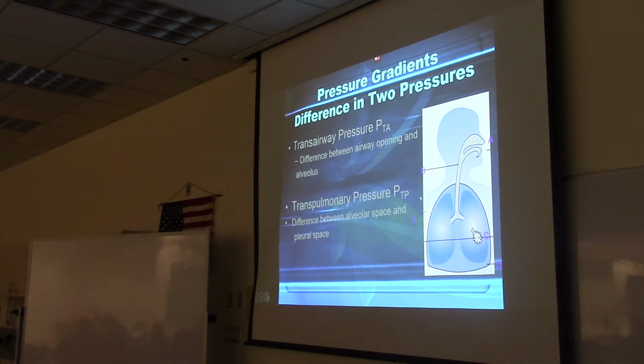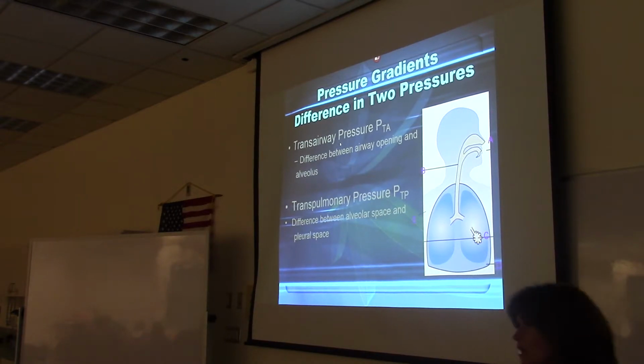And then there's pressure gradients, or the difference in two pressures. And there's two of those to remember. Probably the most important one is the trans airway pressure. All right, so what is trans airway? Can you figure it out by just looking at the word trans? Like if you're going to transport, trans airway, it's going across a distance.